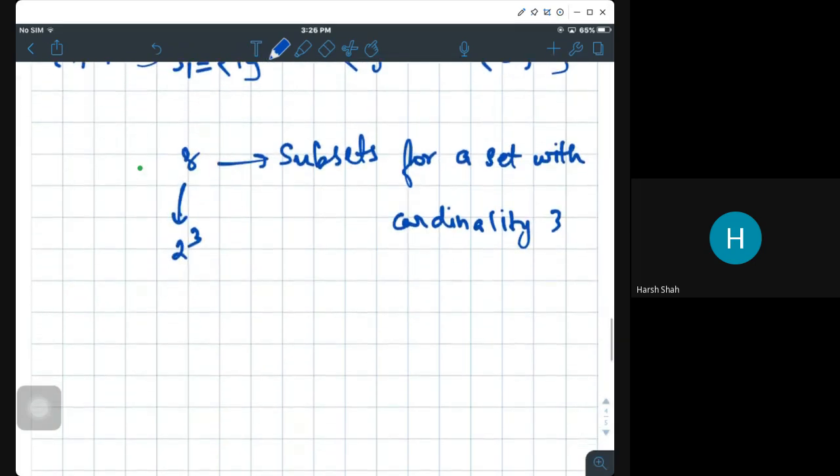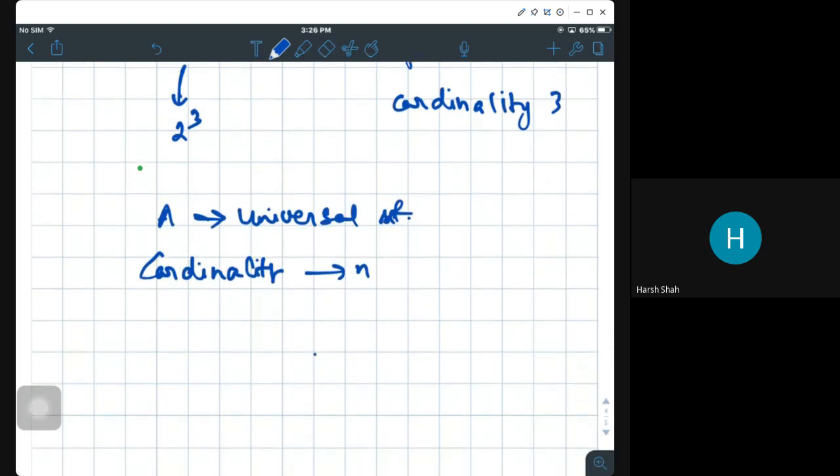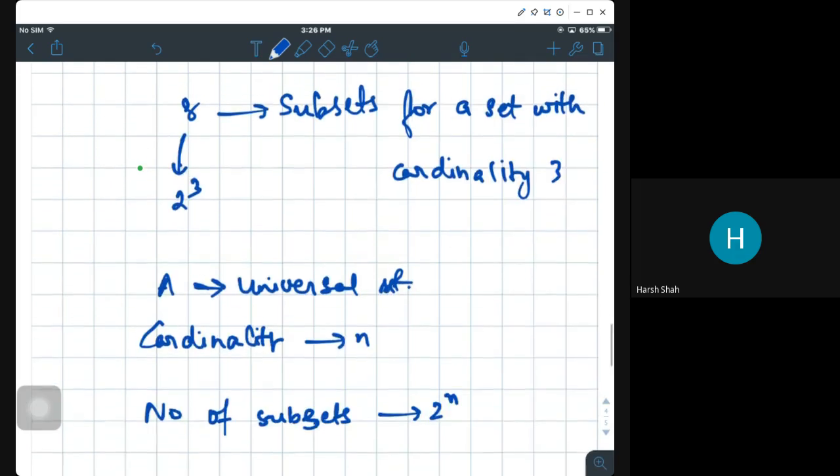So I can see a relation that if A is a universal set and its cardinality is n, then the number of subsets is 2 to the power n.